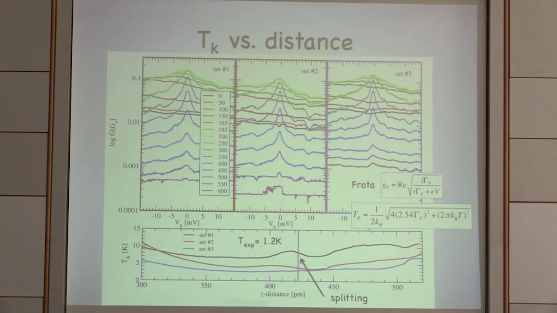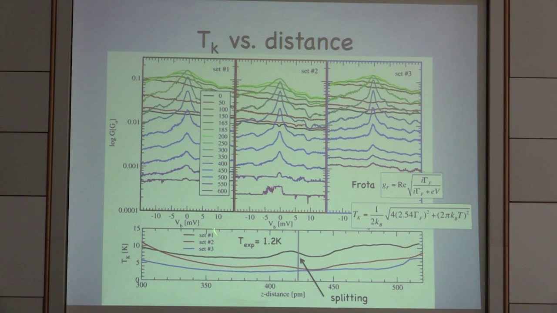But then we pull away, and here we still see the strong Kondo, we are not able to split this peak, we have to move further away, and then the temperatures start to increase. But the splitting happened somewhere here. Normally one would expect the splitting to happen here because the Kondo temperature is already small. I mean, we do not understand properly what's going on here.